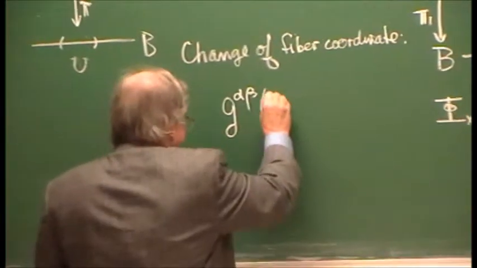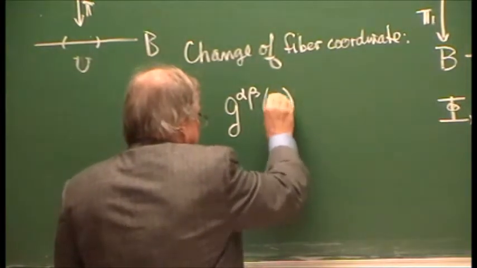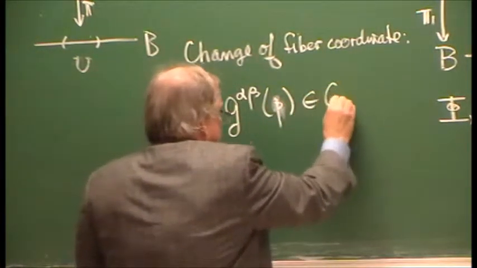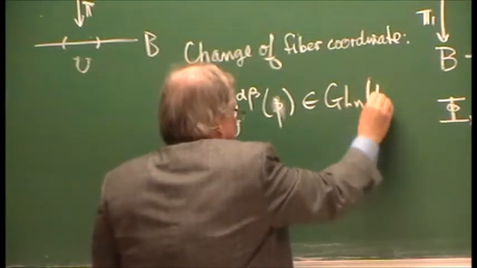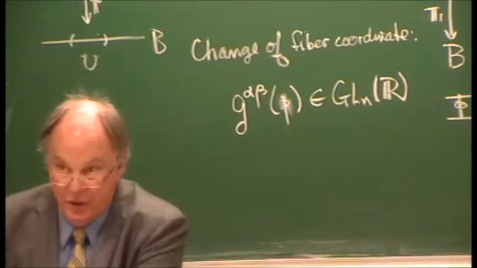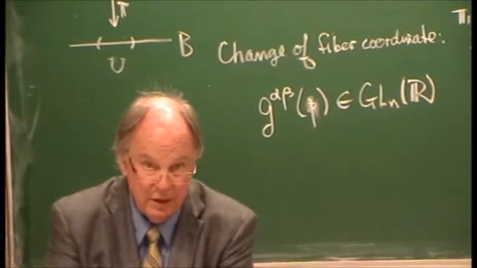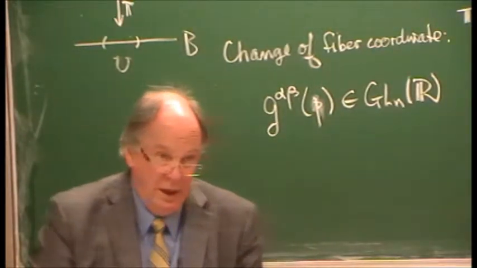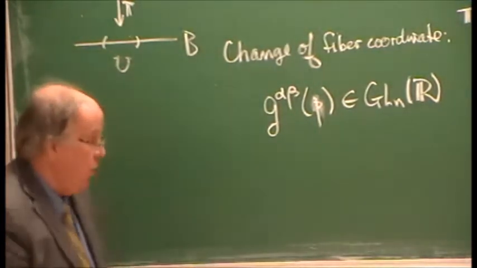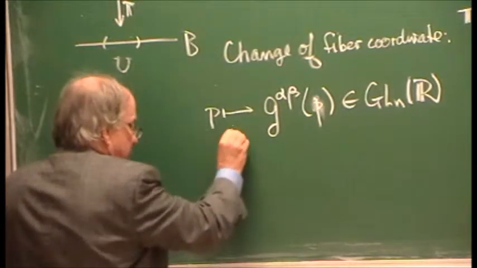I will emphasize, however, that it depends on the base point. I'll say P in GLNR. Right? Because as I change the base point, this identification is going to be changed. Right? And since this has to be smooth, this is a mapping that should be smooth.